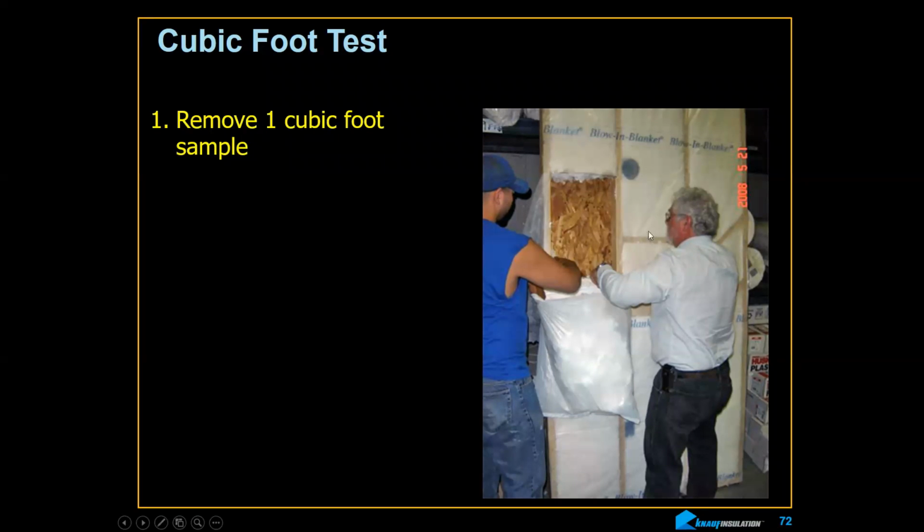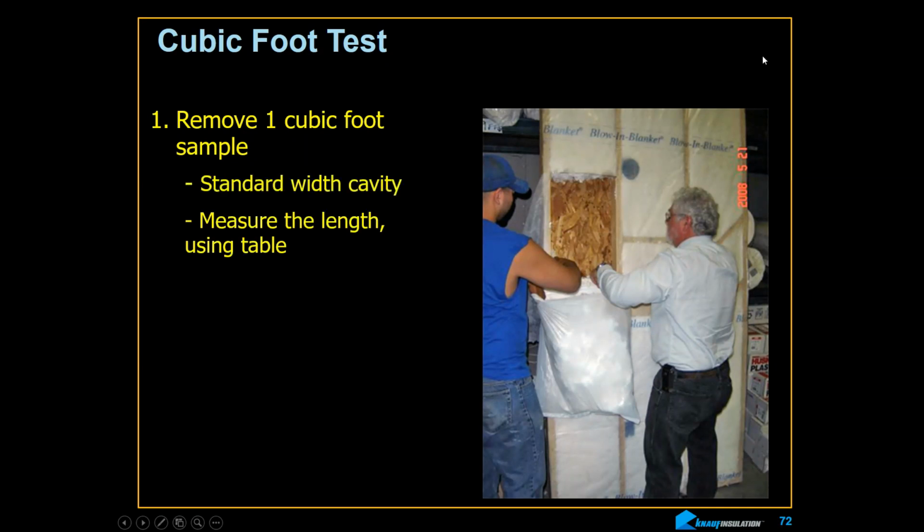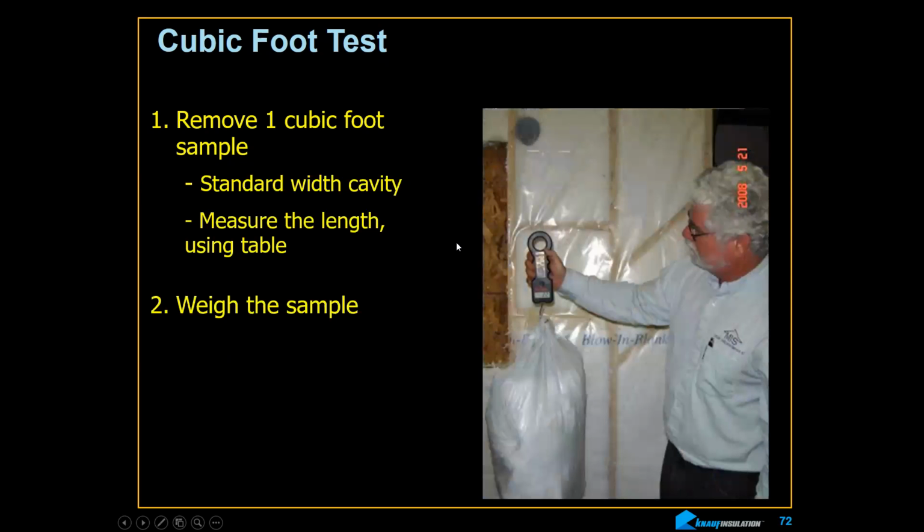But basically, you're going to have to remove a cubic foot of material. And then, as for a standard width cavity, you're going to have to measure the length based on the width and the depth. You're trying to figure out what that cubic volume is, because you need 1 cubic foot, because that's the way it's described by the manufacturers. You weigh the sample.